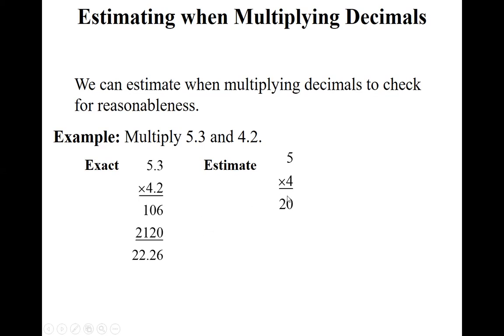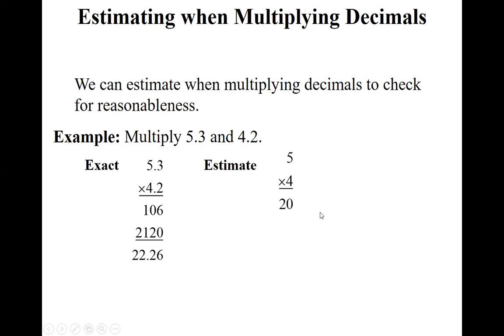The estimated answer would be 5 times 4, or 20. When we multiply this out and we get 2,226, and then we count that we need 2 decimal places, and we put our 2 decimal places in, we get 22.26, which is close to 20, so our answer is reasonable.